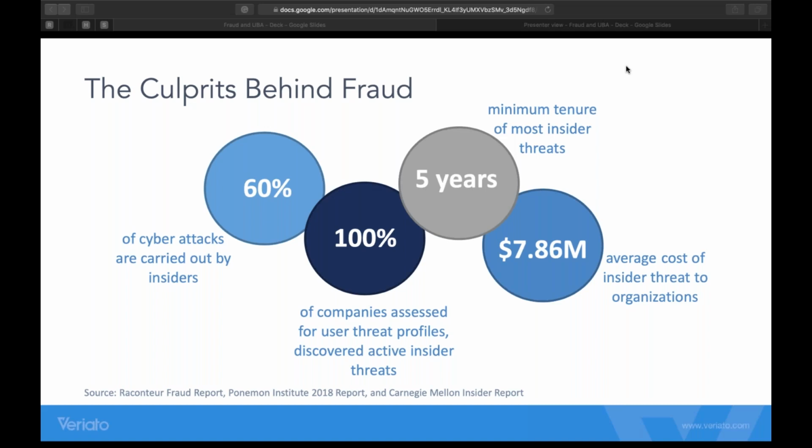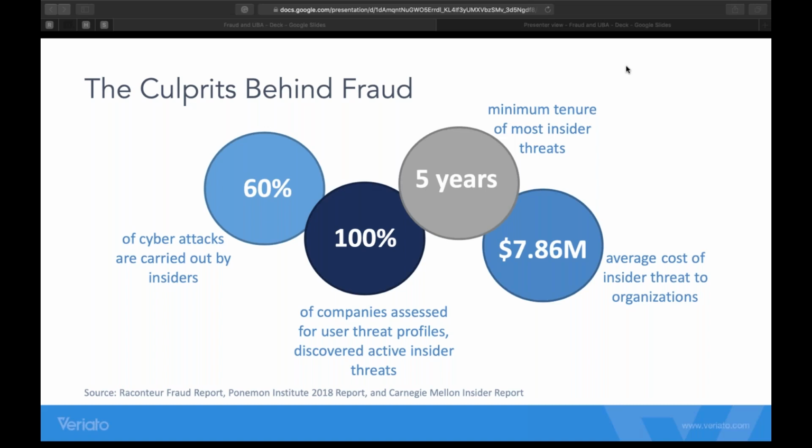Insiders are an interesting extension because they can be any of those external parties, and they can have the same motives. They're just now within your organization and have some level of authorized access to your systems to make it easier to commit fraud. And so, for example, we've seen nation state actors who help get people into companies as employees, so that your external threat is now effectively an insider.